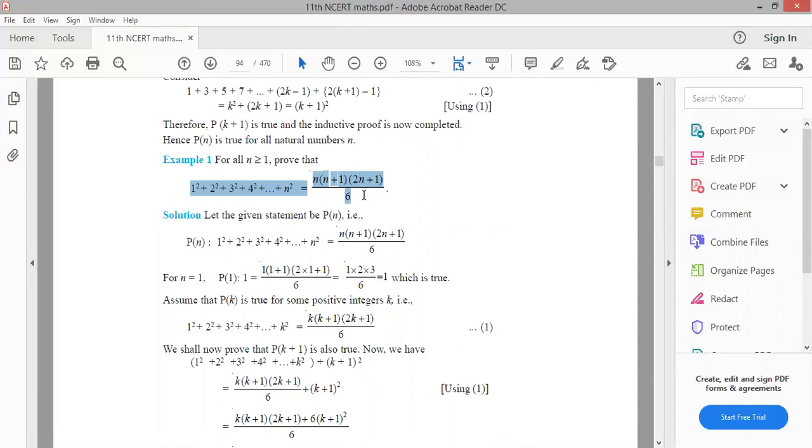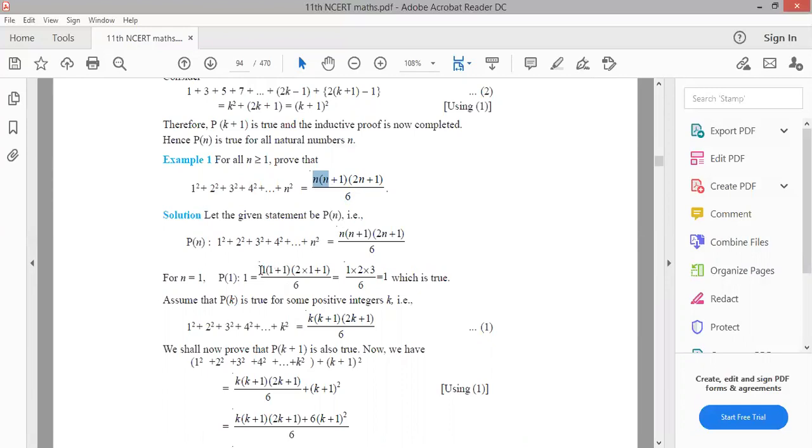The first step is that we prove this for n equal to 1. So for n equal to 1, we take only the first term of the left-hand side. The first term of the left-hand side is 1 square. 1 square is 1. And on the right-hand side, if we put n is equal to 1 instead of n, we will have 1 into 1 plus 1 into 2n plus 1 divided by 6.